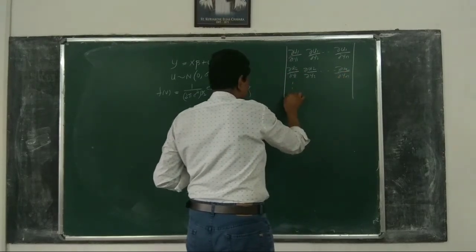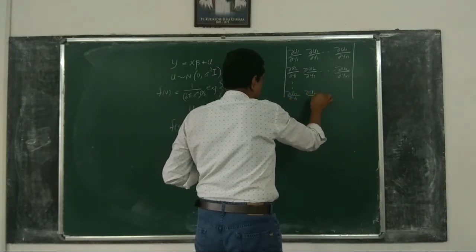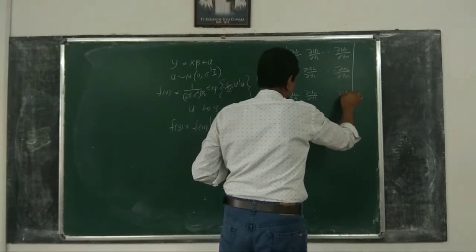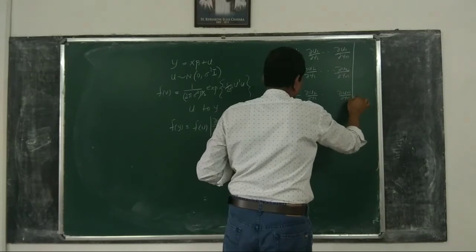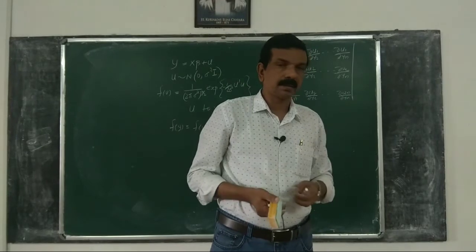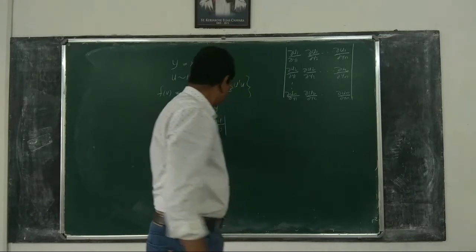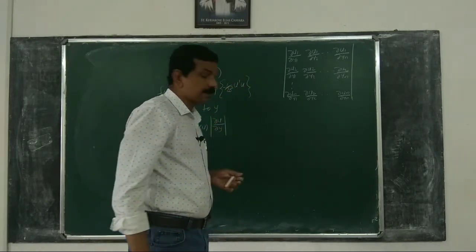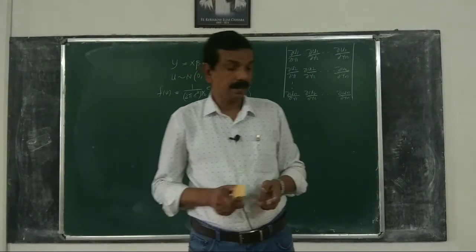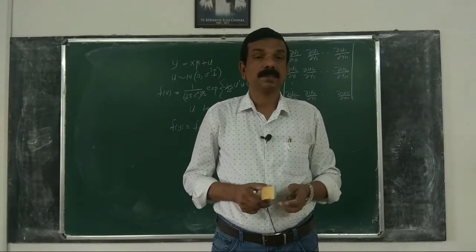And the last one is dou Un by dou Y1, dou Un by dou Y2, etc., dou Un by dou Yn. Absolute value of the determinant. This dou U by dou Y is the absolute value of the determinant formed from an n into n matrix of partial derivatives of the elements of U with respect to Y.